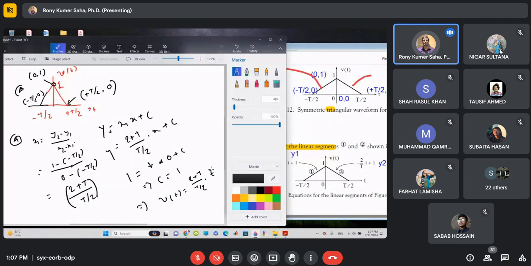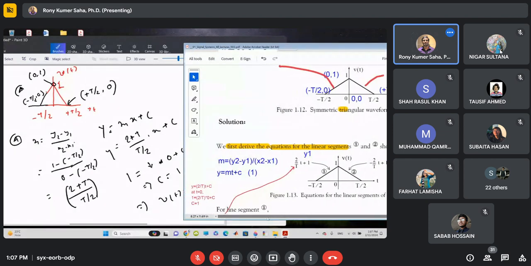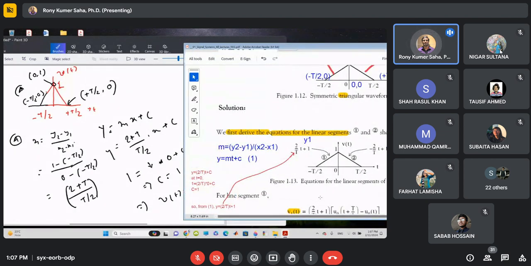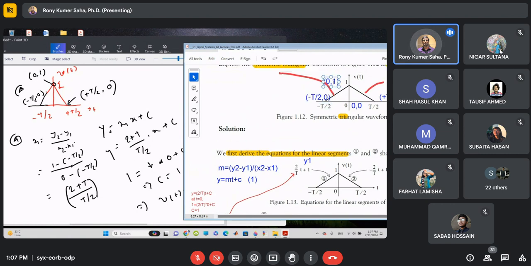Okay, so let's calculate this. It seems like it's t over 2. Did I make any mistake? y2 minus y1: y2 is 1 and y1 is 0, right?